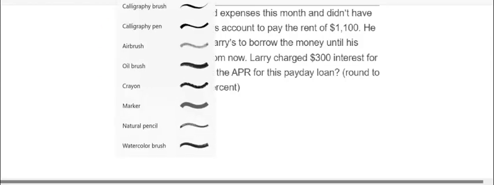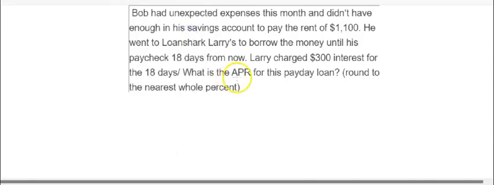APR stands for annual percent rate. So if you go down to a local bank to borrow some money to buy a car, or a credit card, for example. A credit card is another good example of APR, the annual percent rate, how much you pay annually, yearly.